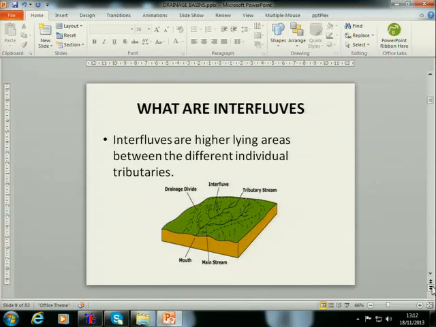It is not the area that differs one drainage basin from another drainage basin. So in that little picture, you will see that an interfluve is between the small rivers that flow towards the main river. It is not the outside of the whole drainage basin.